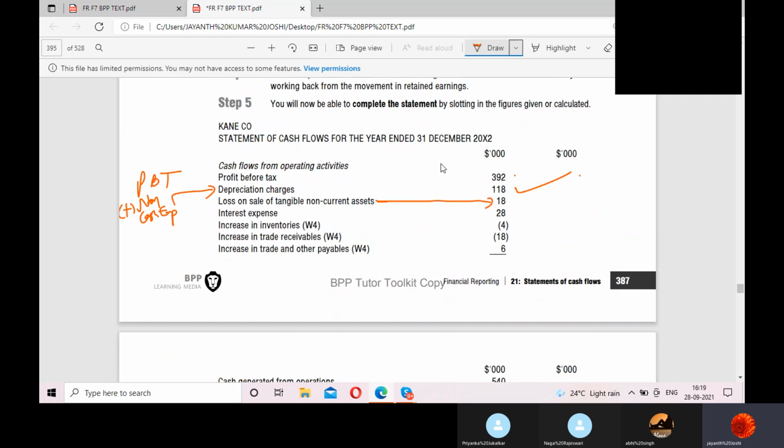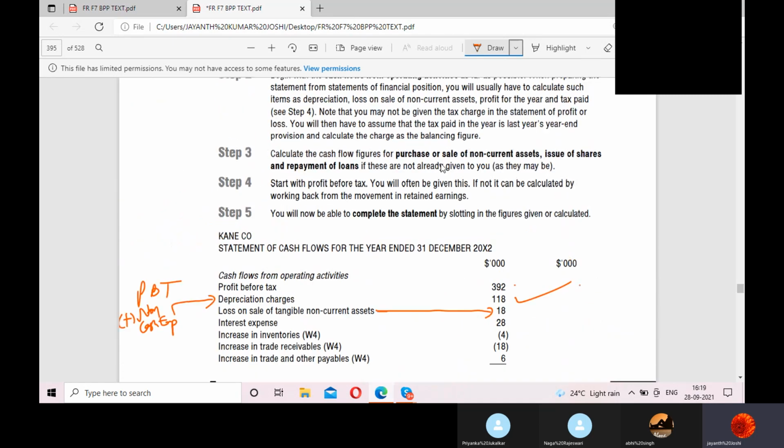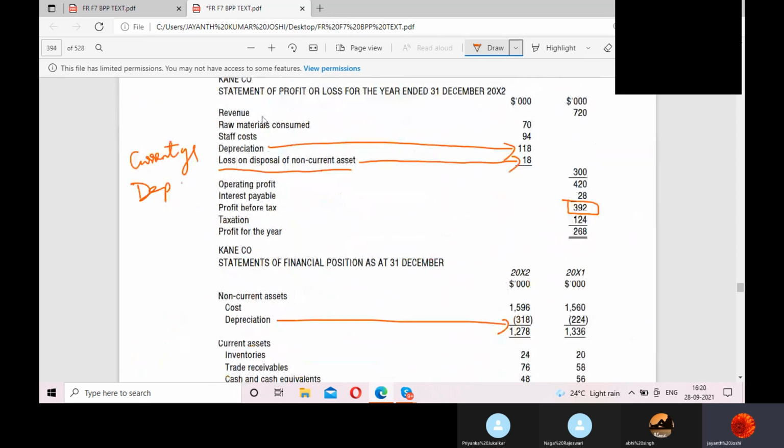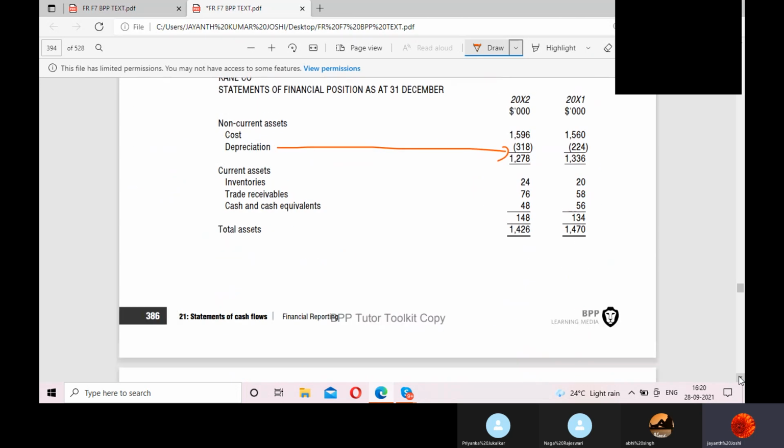Now we will again take some non-operating nature expenses, if any. In the income statement, one of the expenditures is interest payable. Whenever you show something in the statement of profit or loss, you will definitely pay it by the end of the year. So 28 is nothing but the interest expense. Again that is also a non-operating nature expense.